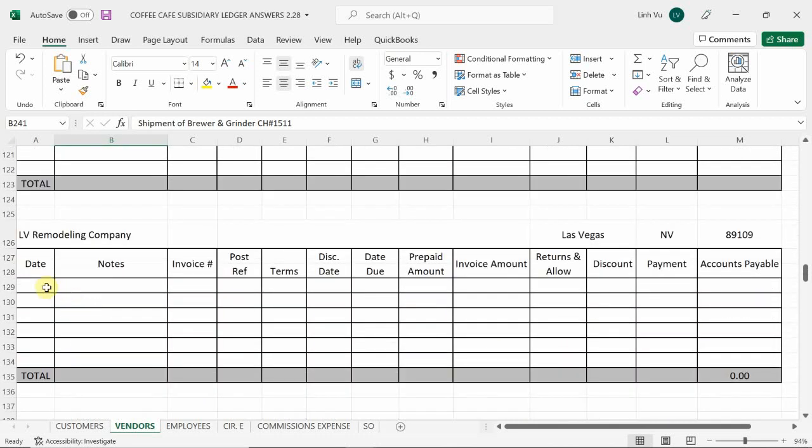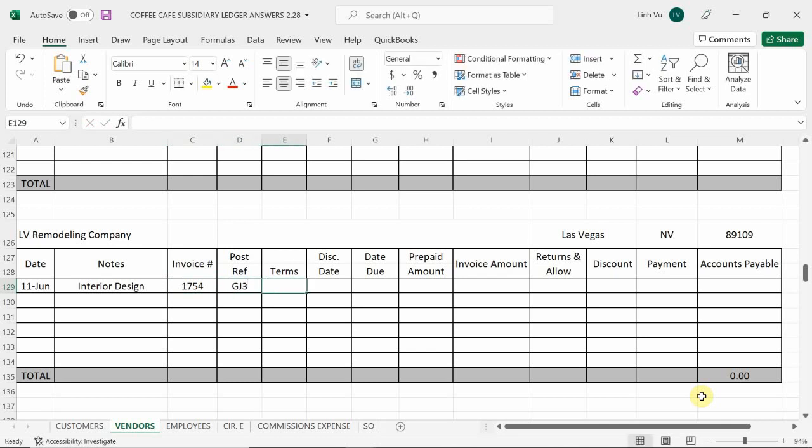Here you go, LV Remodeling, for interior design. Invoice 1754. Reference General Journal 3.